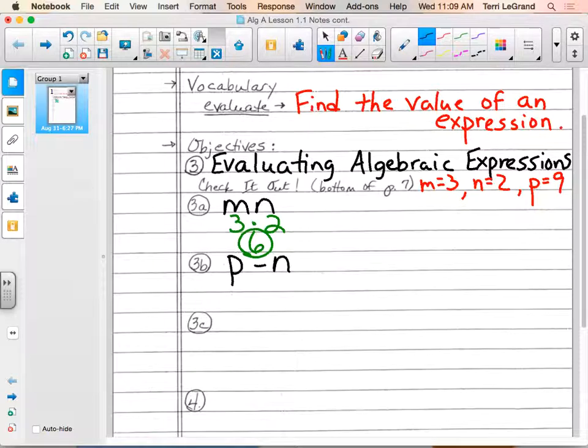Yeah. Substitute. We do the substitution step. So we're going to put 9 in for p. We're going to put 2 in for n. And we're going to show what we put in for them. And then we're going to say, okay, I can do this without my calculator. 9 minus 2 is 7.